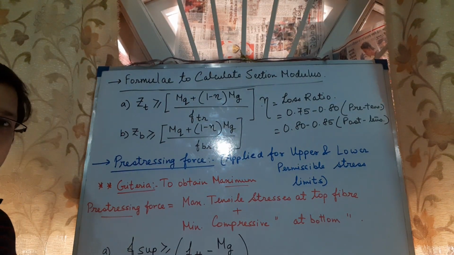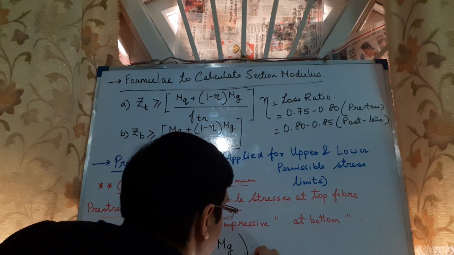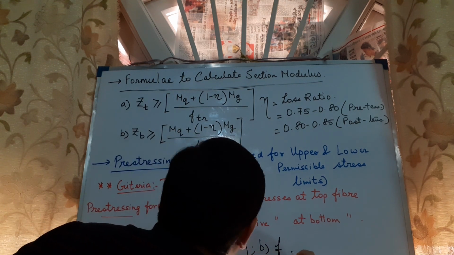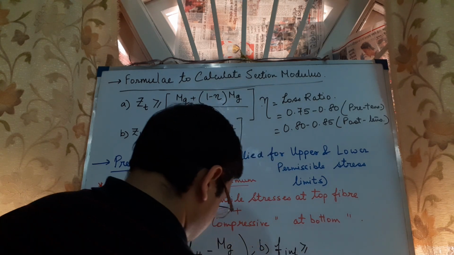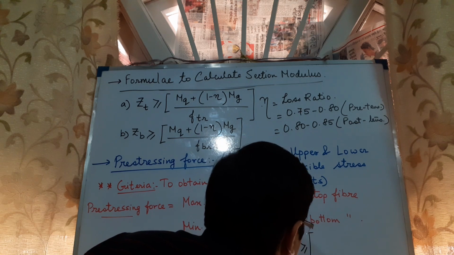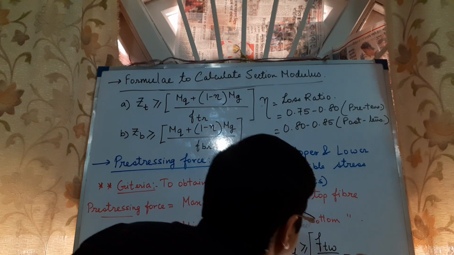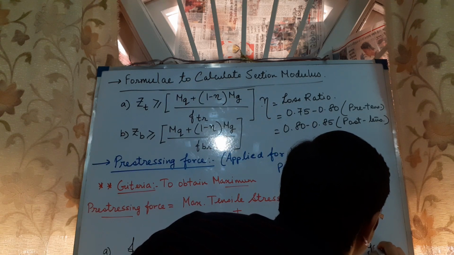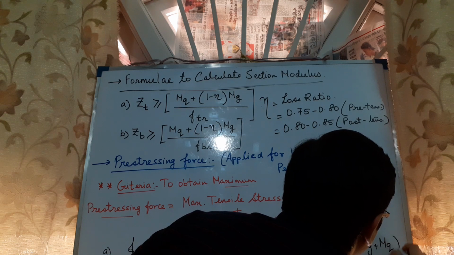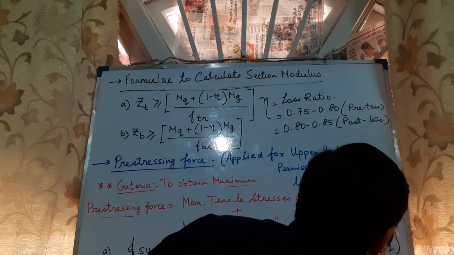F superior is greater than FTT minus Mg by Zt, and the second equation is F inferior should be greater than or equal to FTW by eta plus (Mg + Mq) divided by eta into Zb.